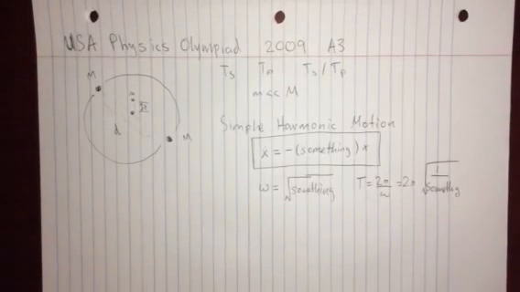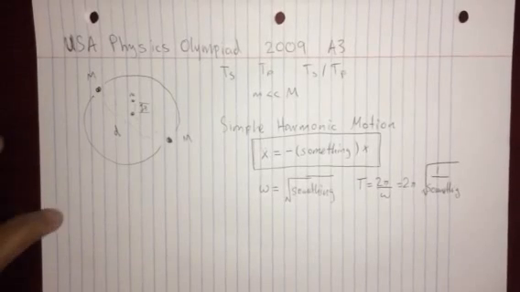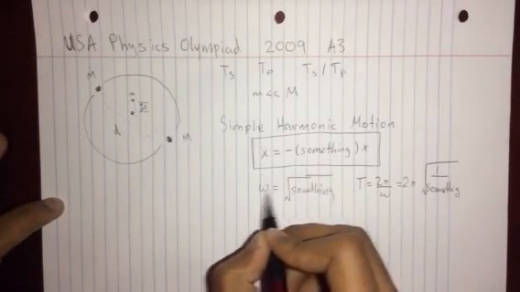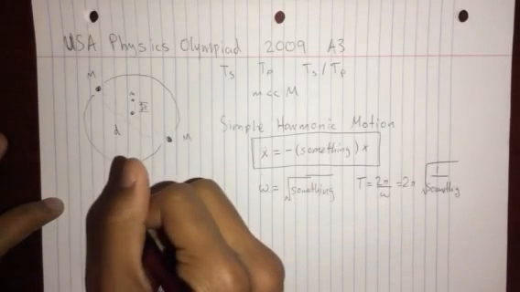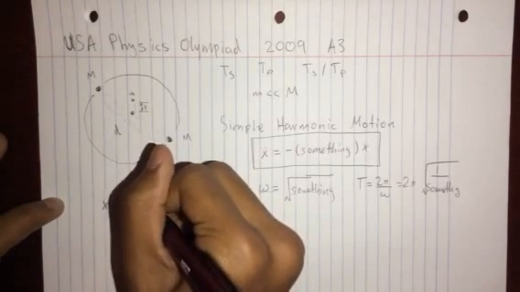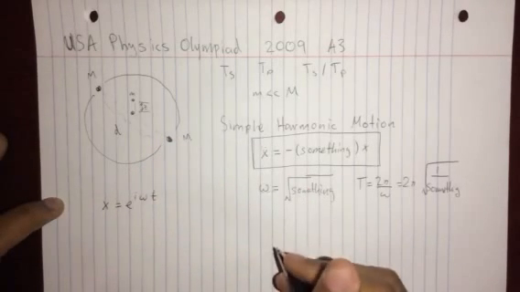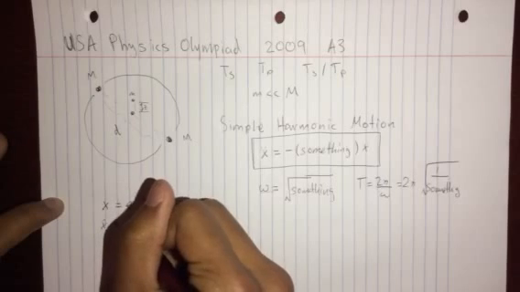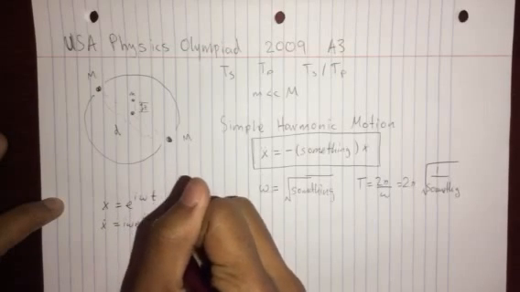Why is this true? If you try to solve this differential equation, it's solved by x equals e to the i omega t. If you take the first derivative with respect to t, you get i omega e to the i omega t.